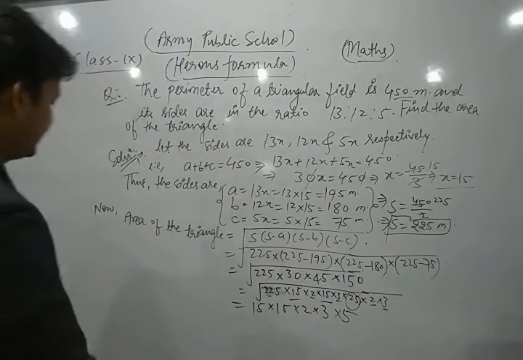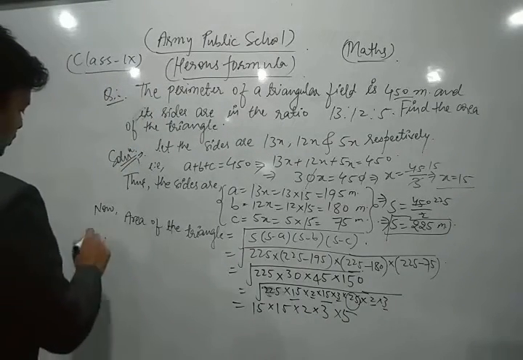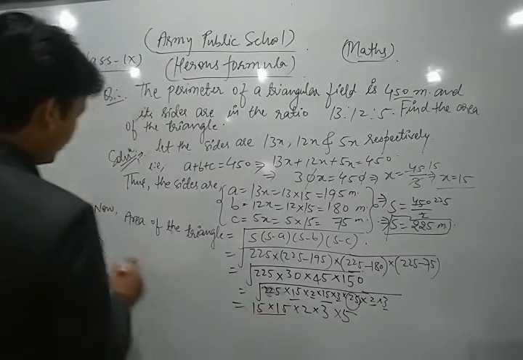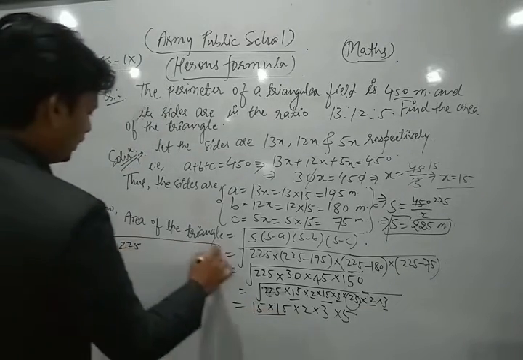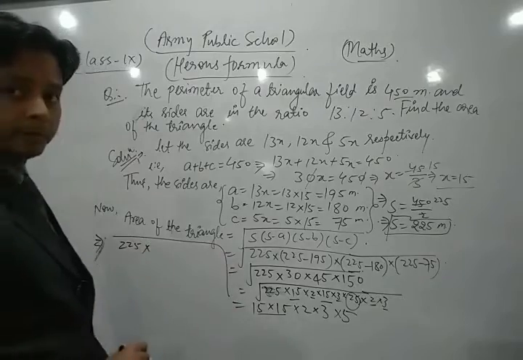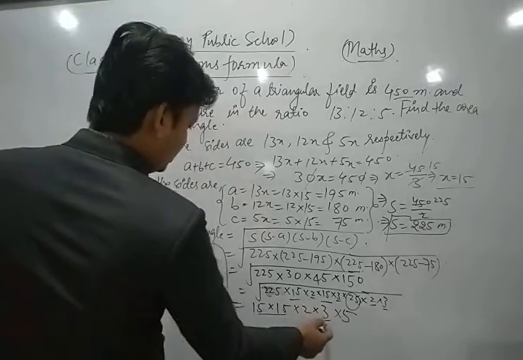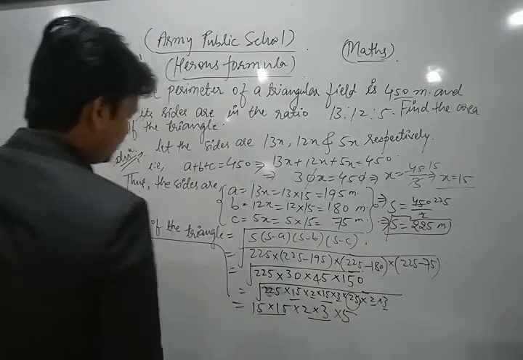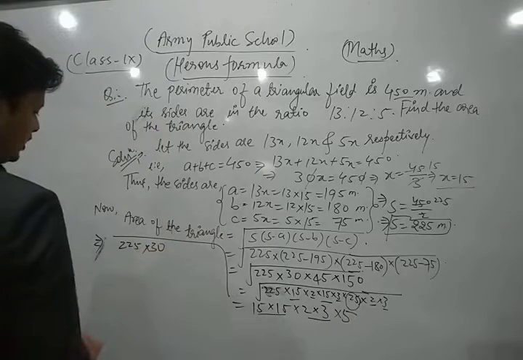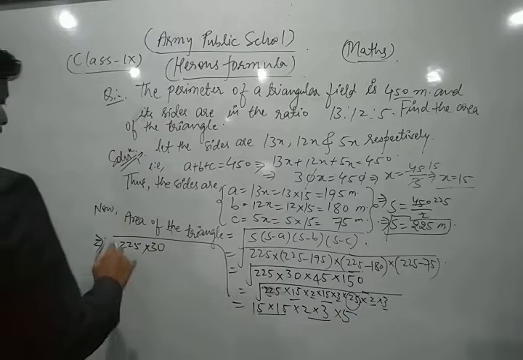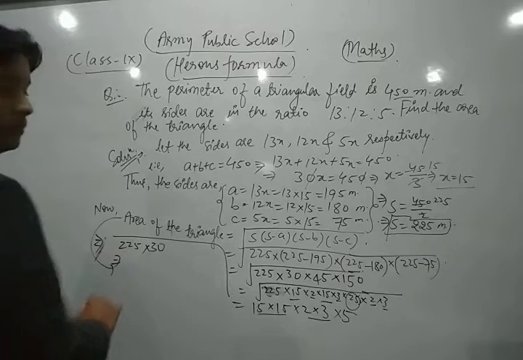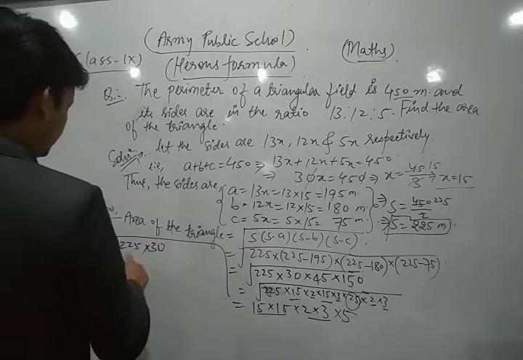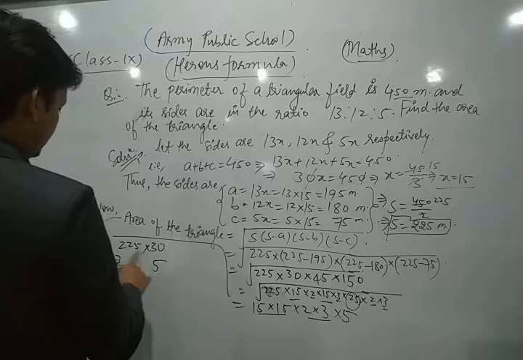Now we multiply them: 225 multiplied by 3 twos are 6, 6 fives are 30.